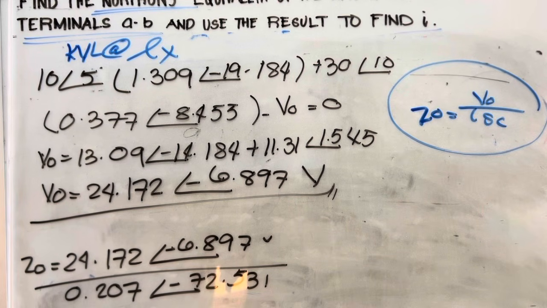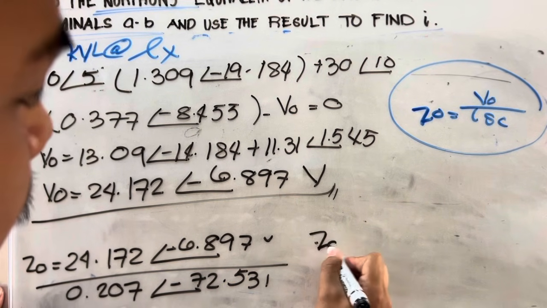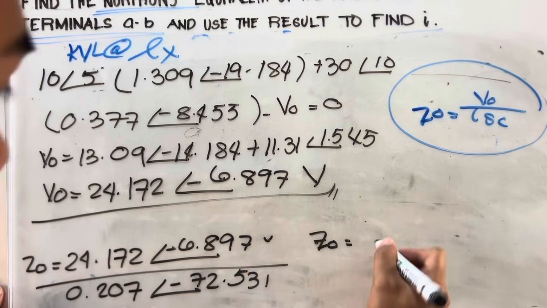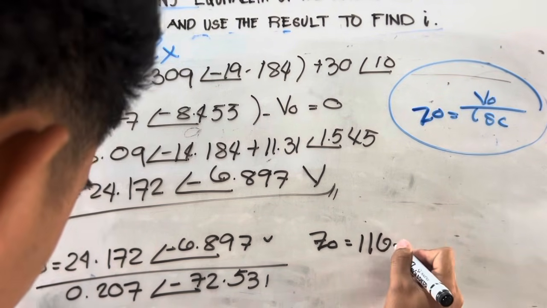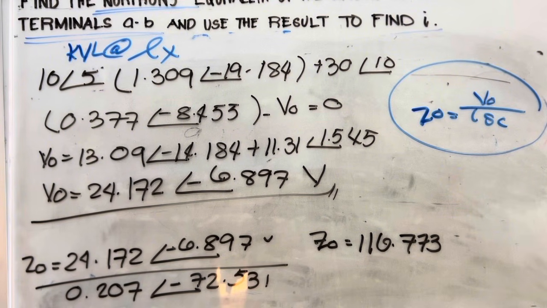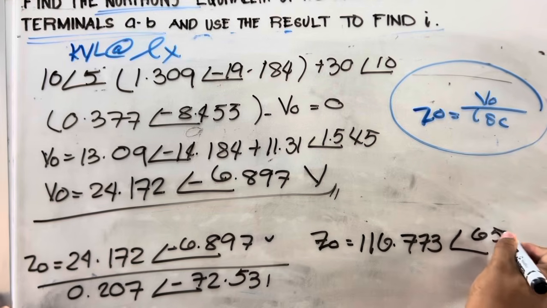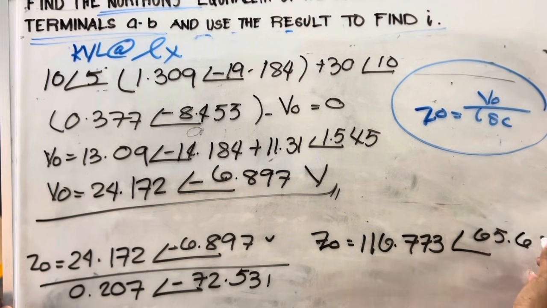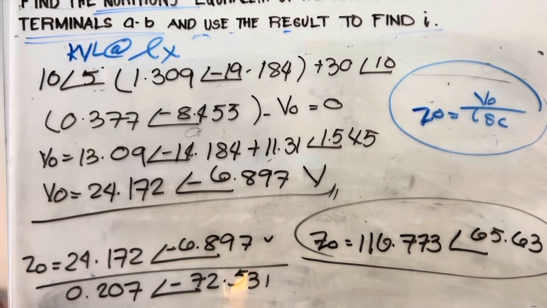Therefore, computing this in our calculator, we have ZO is equal to 116.773 angle of 65.63. This will become our ZO.